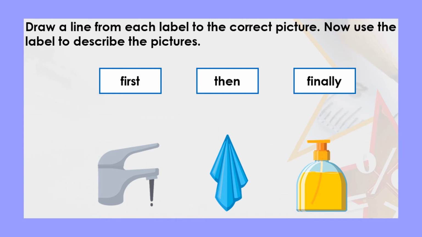Once we work that out, we can use the label to describe the pictures. I'm going to give you a few moments to do this. I want you to pause the video again, and I want you to talk through how you would wash your hands using those three words.